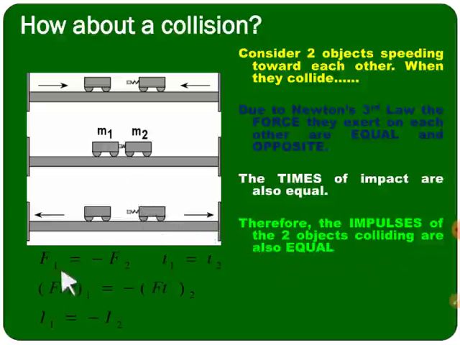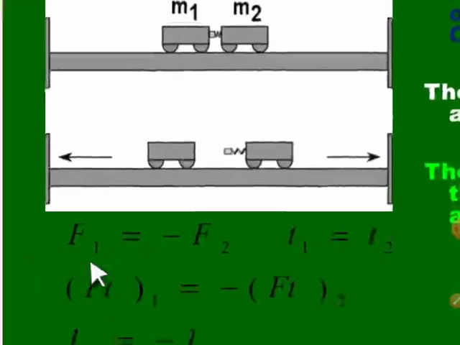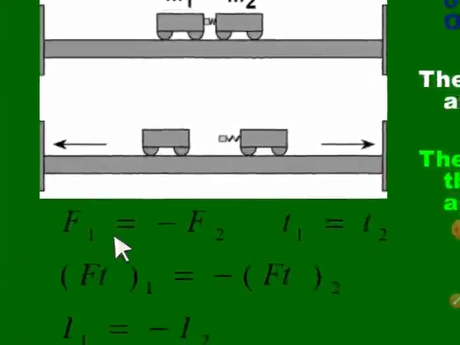So let's see, from Newton's third law, we see that action is equal to reaction. The equality shows that they are equal, and the minus sign shows that they are opposite. But the time of impact is also equal.